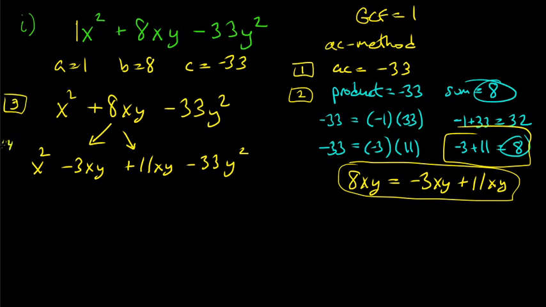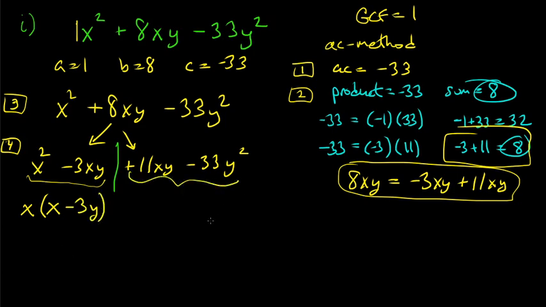And step 4, at this point, should be obvious because there are 4 terms: we use grouping. Factoring from the first 2 terms, all we can factor out there is an x. x squared divided by x is x, and negative 3xy divided by x is negative 3y.